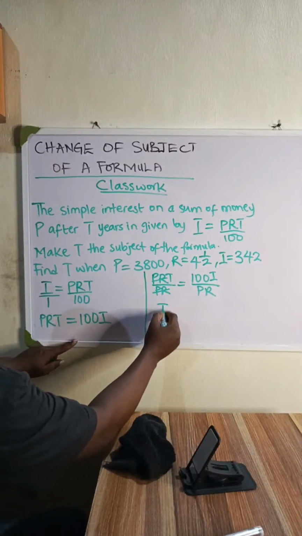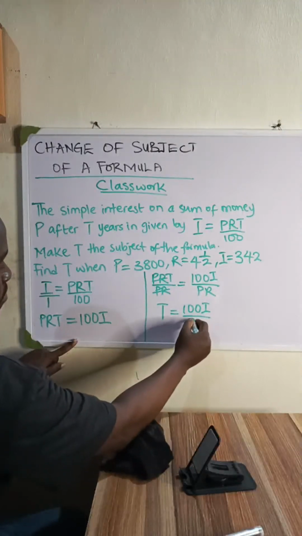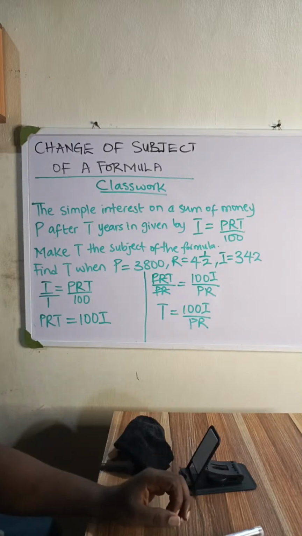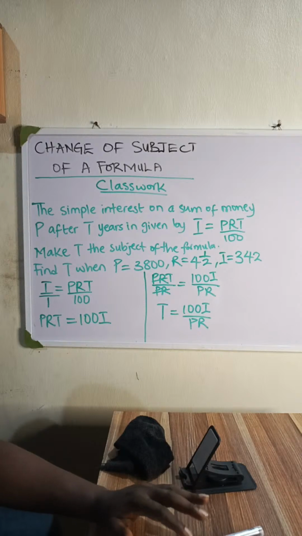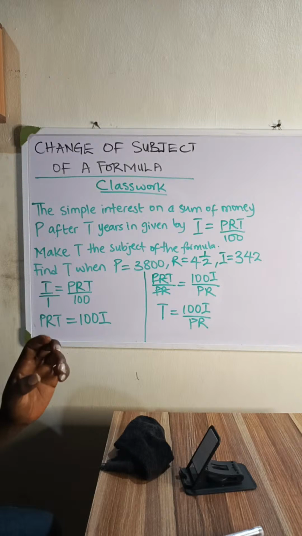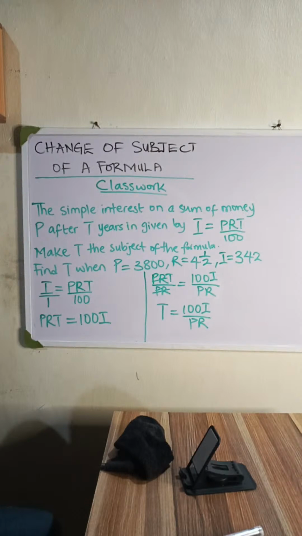We have T is equal to 100I all over PR. So that makes T the subject of the formula. So when T is the subject of the formula, we have 100I divided by PR. So now we've made T the subject of the formula.